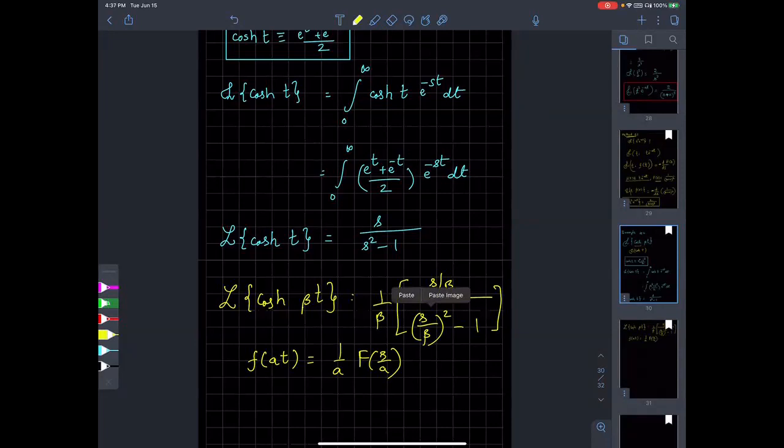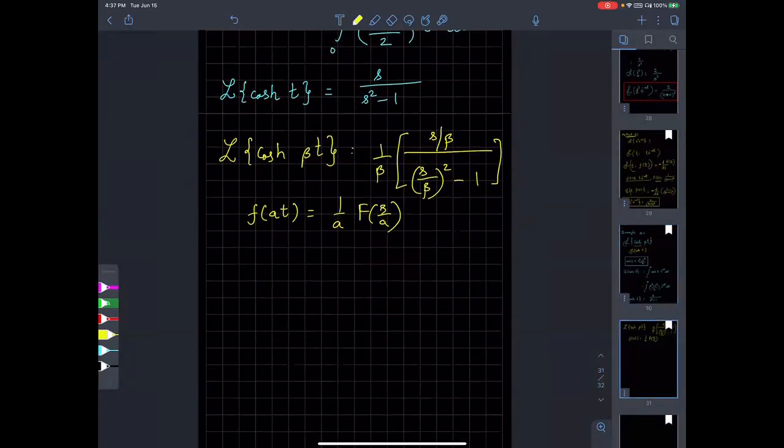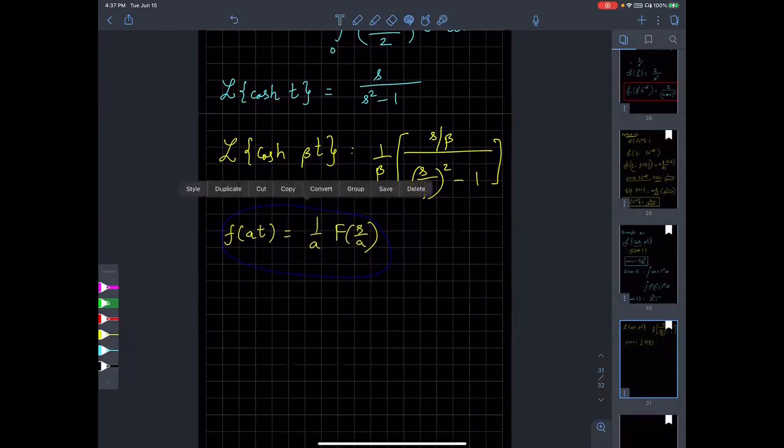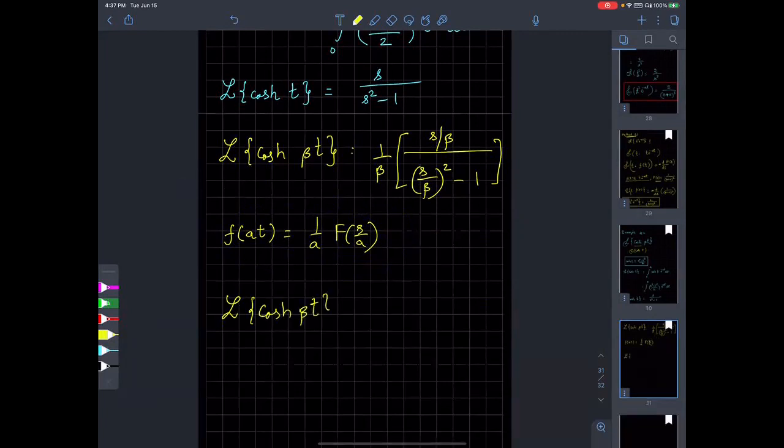Now, from here, it's straightforward to show that the Laplace transform of cosh beta t is s over s squared minus beta squared.